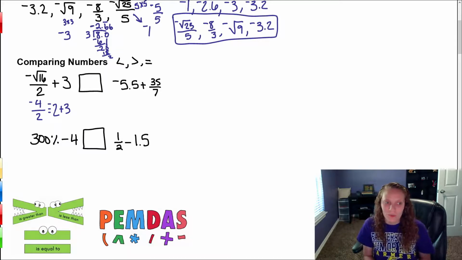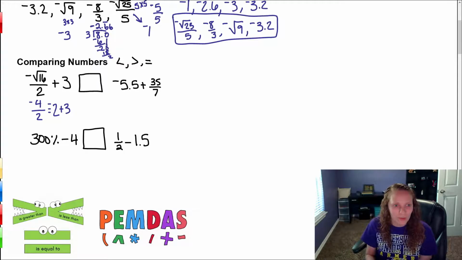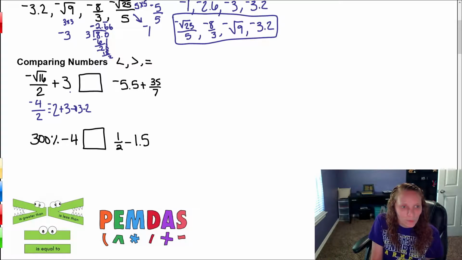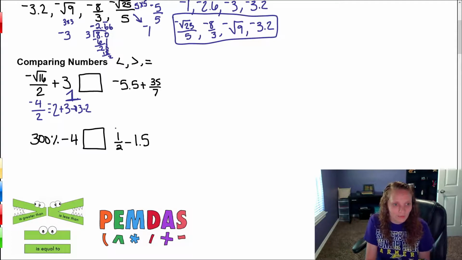Integer rule: the -2 and then +3, we could flip that around and think of it as subtraction. So this could be like 3 minus 2, which would equal 1. So this side on the left is 1 whole.